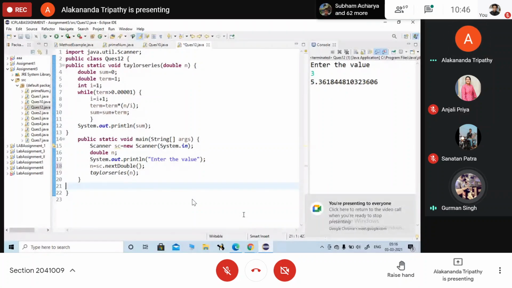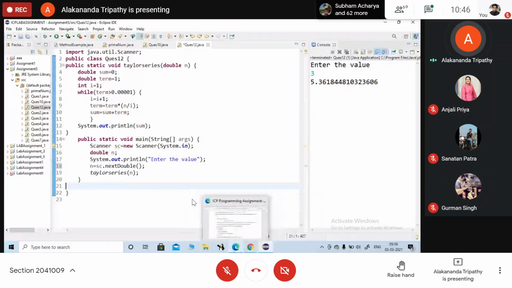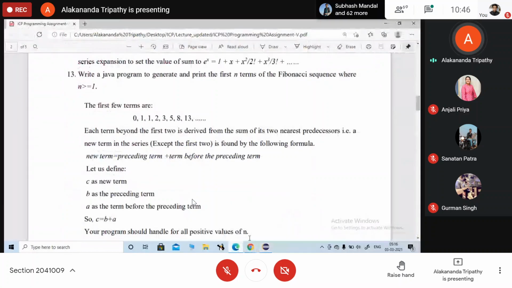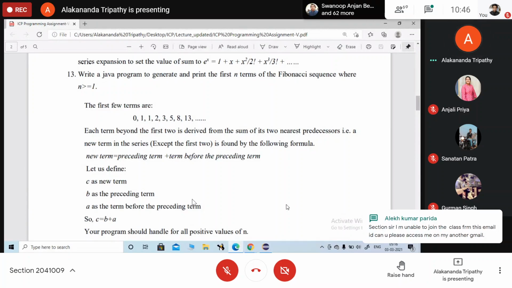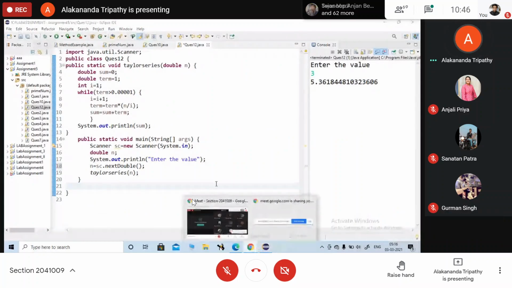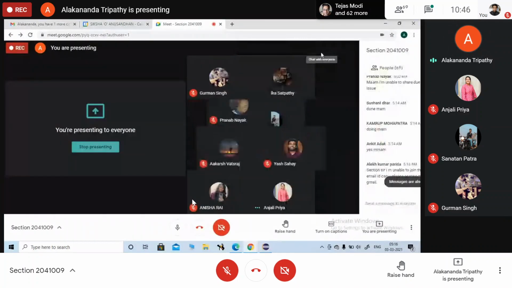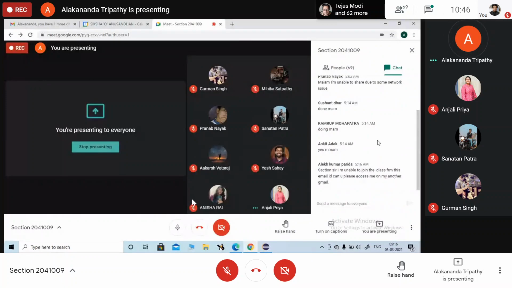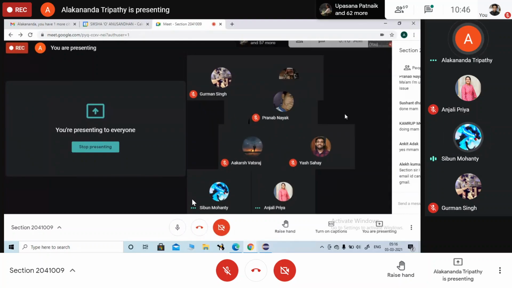You could solve question 13 also with a method. Okay, don't use any method, make it however you like. But if you do it using methods, you will also get practice on methods. Okay, do question number 13.